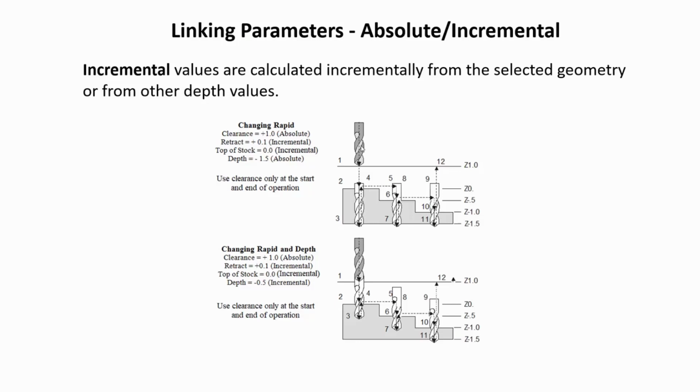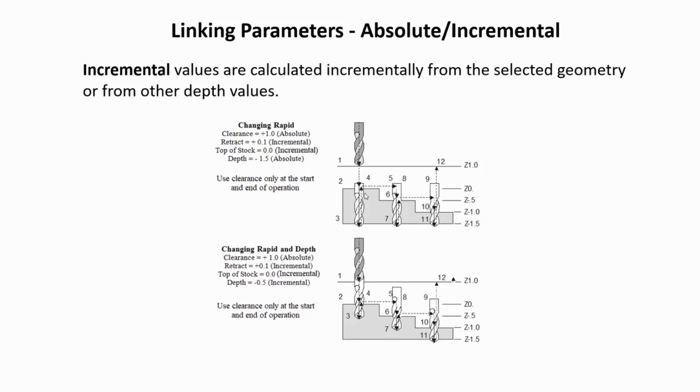The tool rapids to the clearance height and then rapids down to the retract, which is set to incremental, so it's measured from the top of the stock 100 thou above, and then it's going to feed into the material until it reaches the final depth Z minus 1.5.